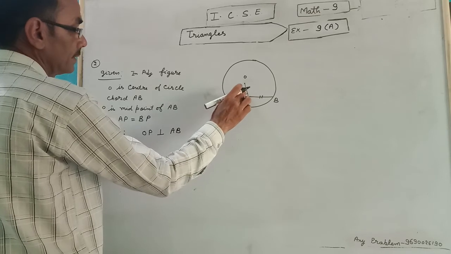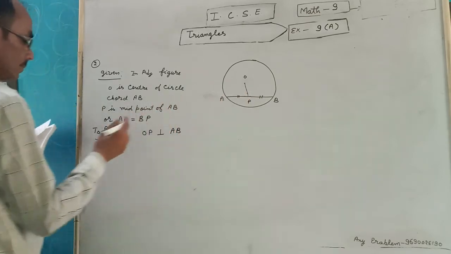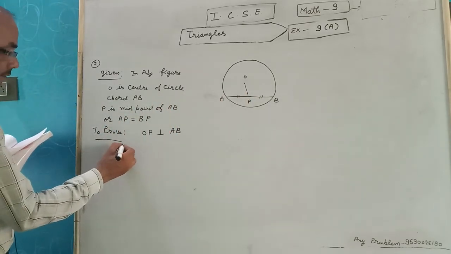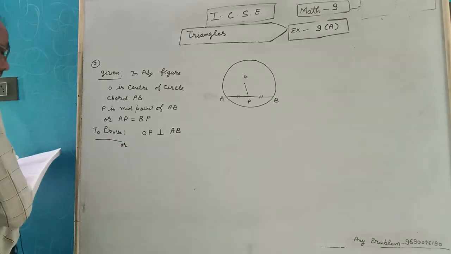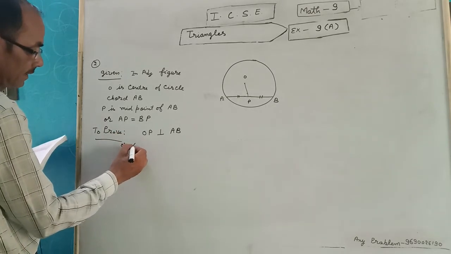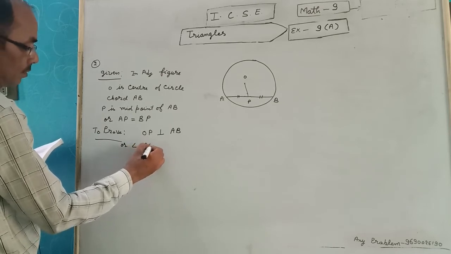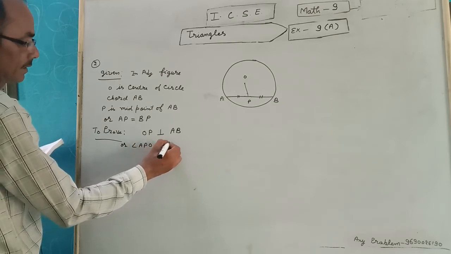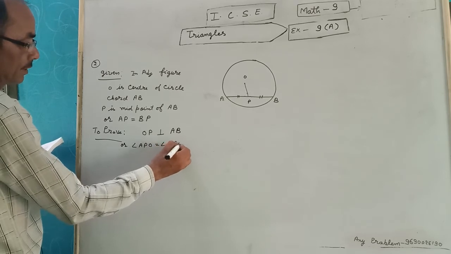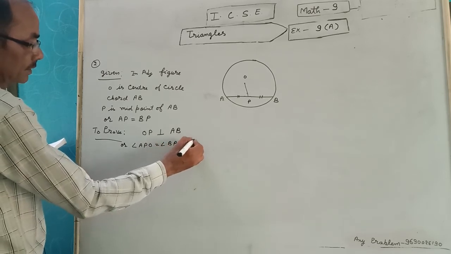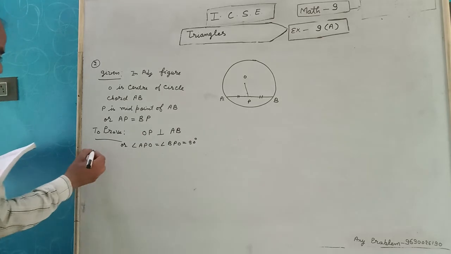To show you can write the angle APO equal angle BPO is equal to 90 degree.